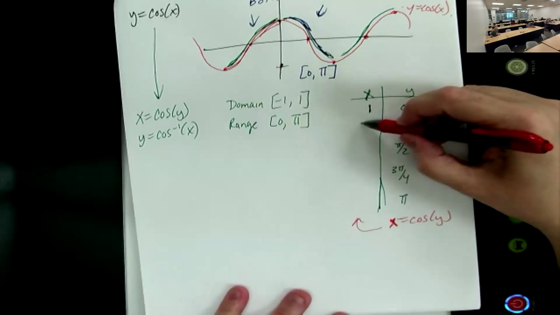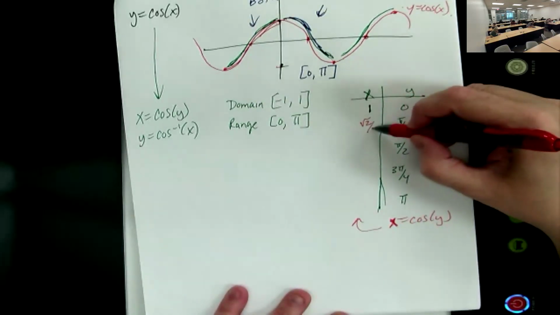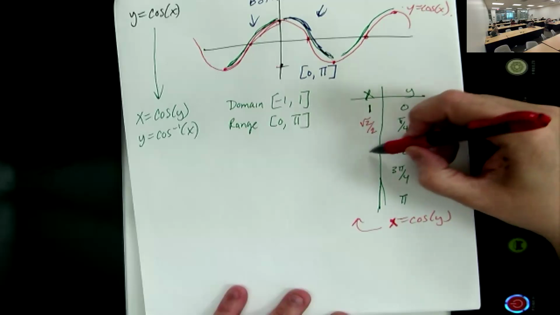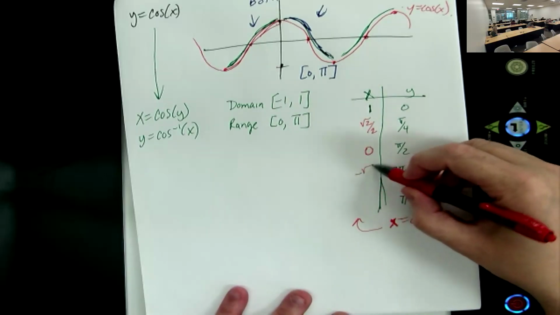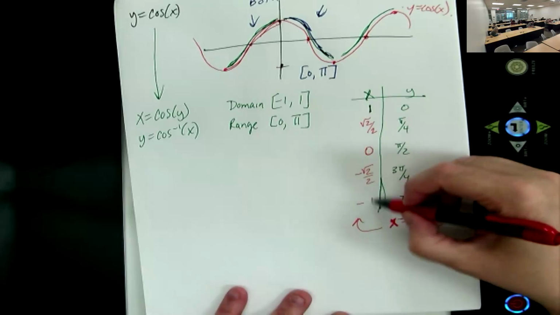So pi over 4 gives √2/2, pi over 2 is 0, then negative √2/2 and -1.